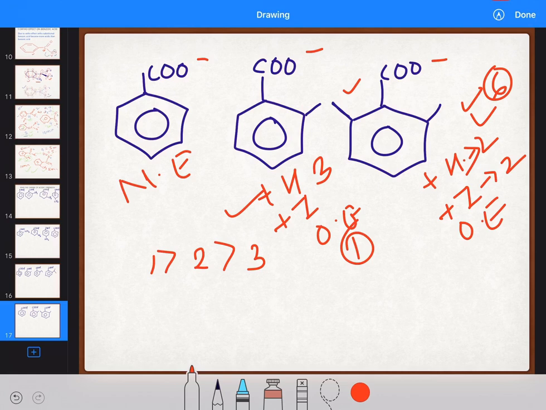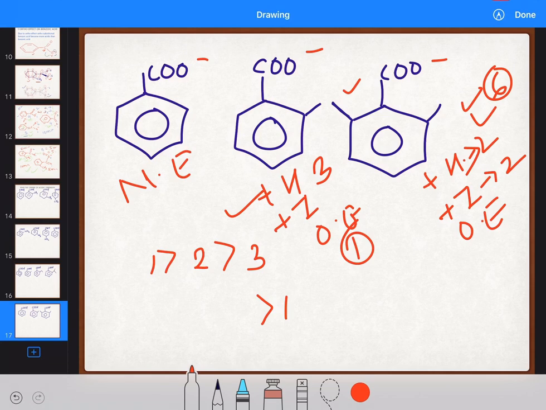And one thing is clear, that the first one is going to be least acidic, because the second and third both have ortho effect. So second and third will be more acidic than benzoic acid. So first will be at last. Now we have to compare second and third.